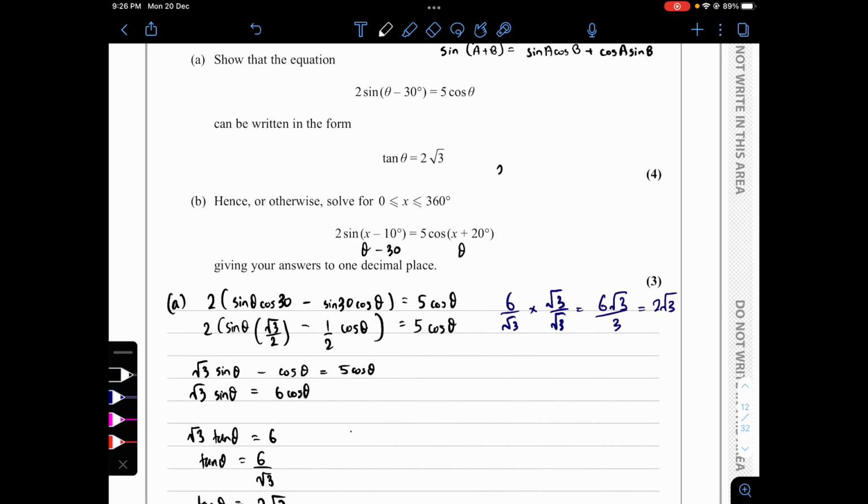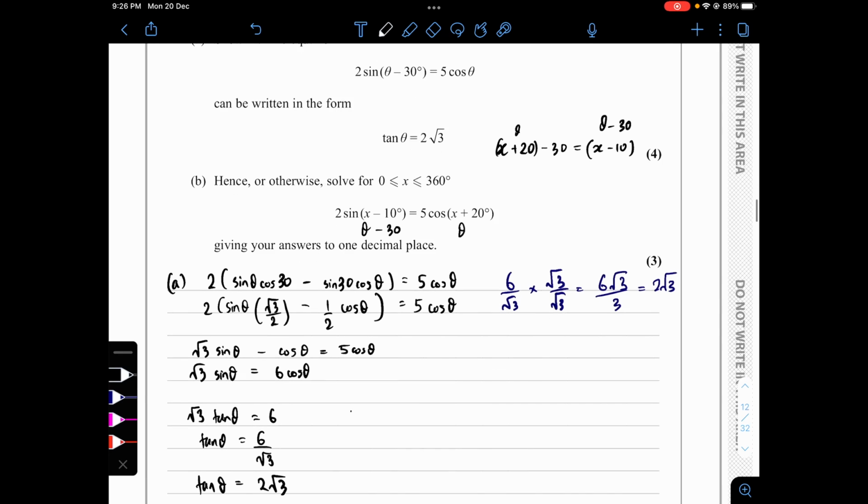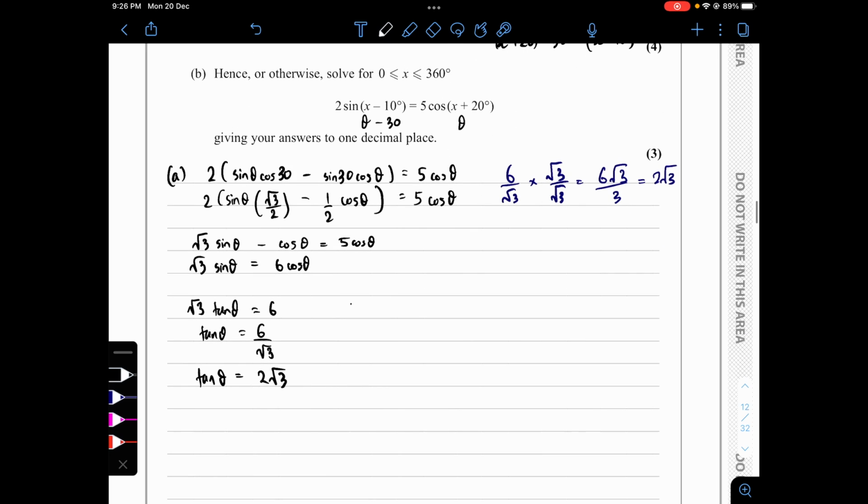Let's see. If x plus 20, take away 30, this gives us x minus 10. So this does work in this case, right? So this is theta minus 30, and this is our theta. Yeah, it does work, so we can apply the same thing. That's pretty simple, so all we have to do now is part B here.